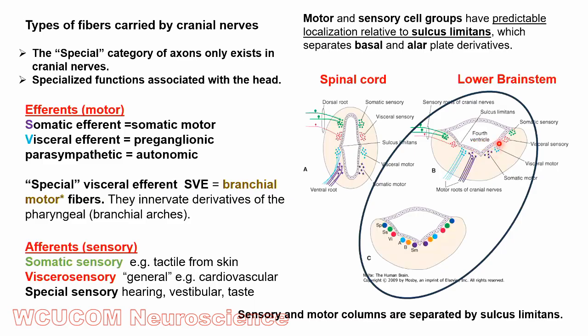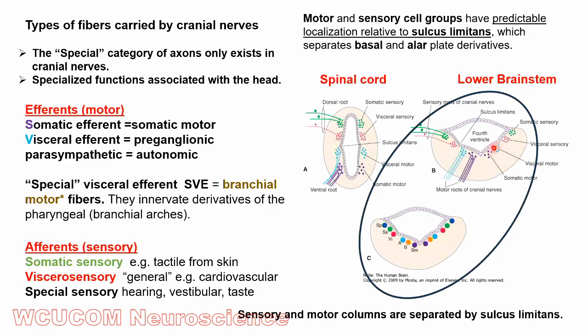So having said that, now your sulcus limitans, that longitudinal groove, really is separating medial from lateral. So in the hindbrain, and this will describe medulla and pons, and we'll only find 2 motor cell groups in midbrain, so it's relatively easy to conceptualize.